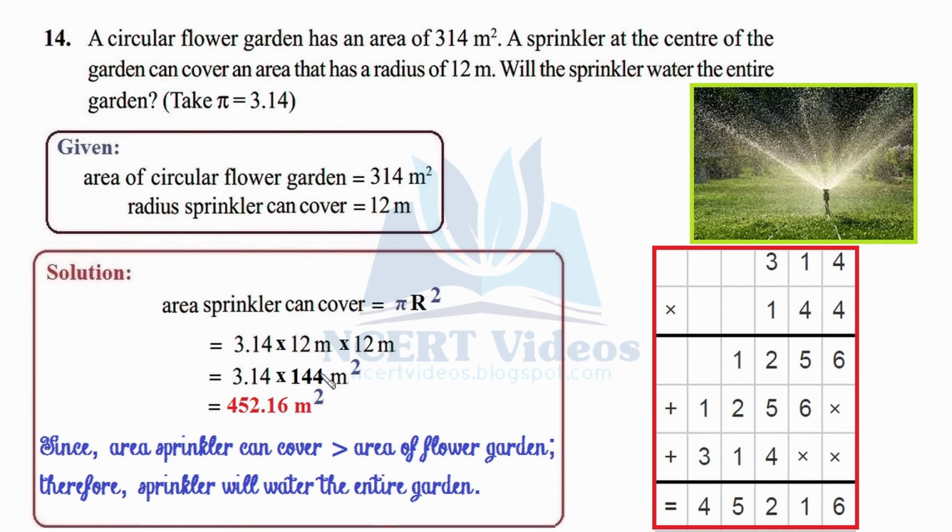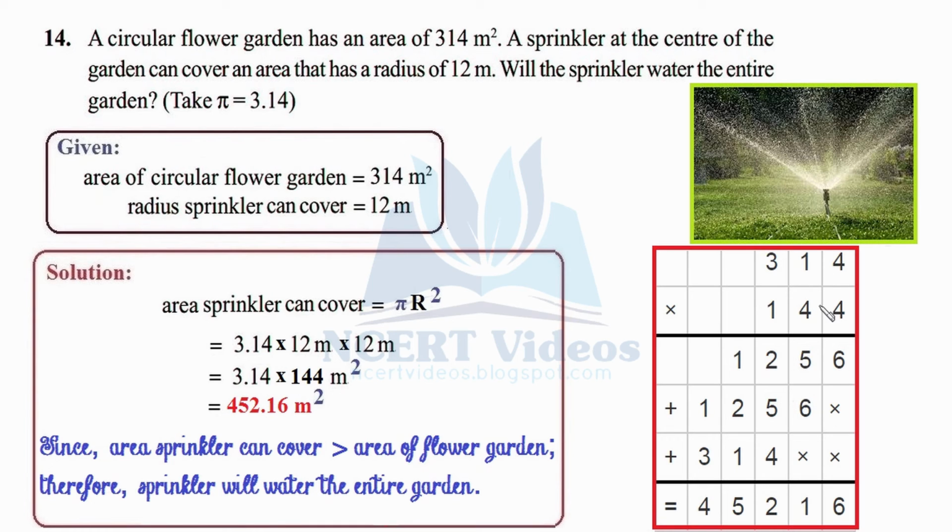Now solve it in the rough space. This will give you 452.16 meters square. We have solved it here. If you find it difficult, just write the numbers, put the multiplication sign. 4 times 4 is 16, 1 carry, 4 into 1 is 4, plus 1 is 5, 4 times 3 is 12.